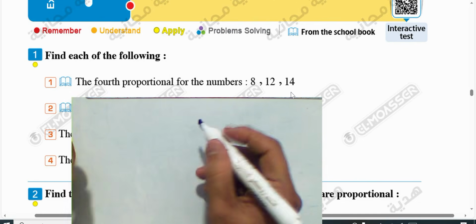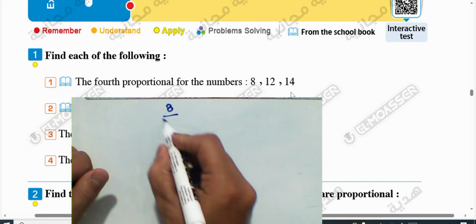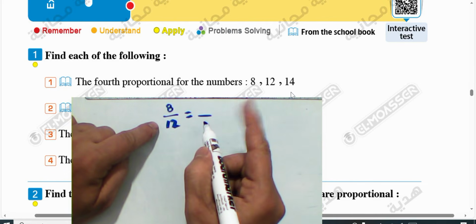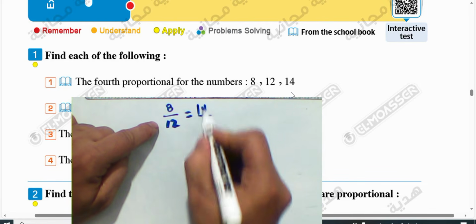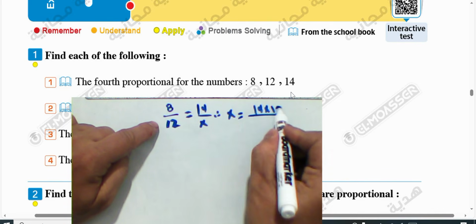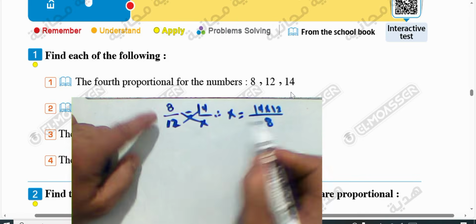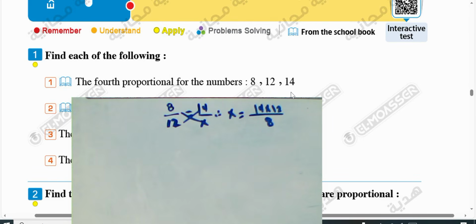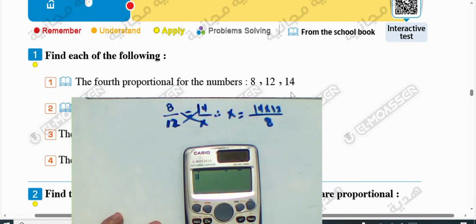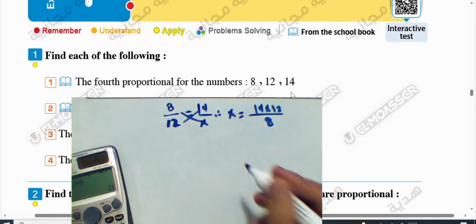We want to find the fourth. 8 over 12, first over second equals third over fourth. Then the value of x equal 14 times 12 divided by 8. You can use a calculator to find the answer. 14 times 12 divided by 8. Then the value of x equal 21.